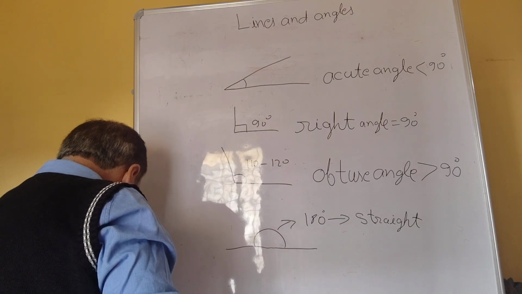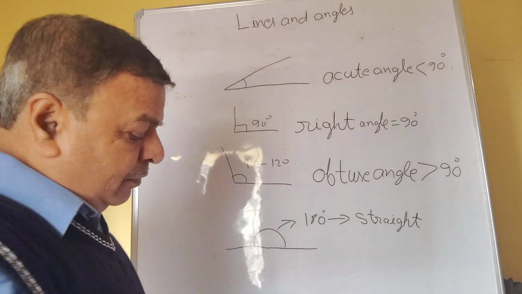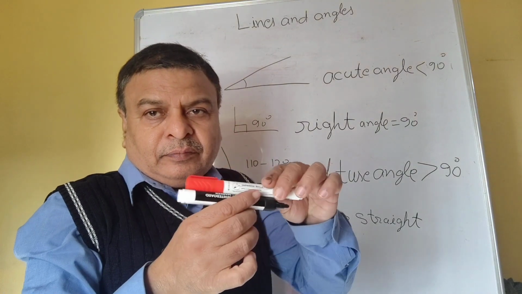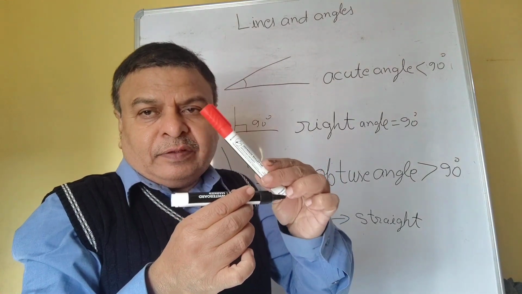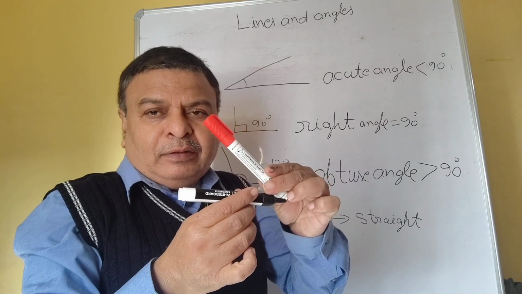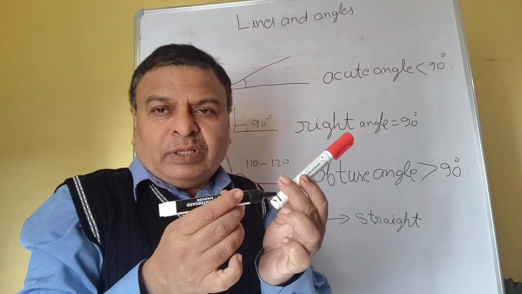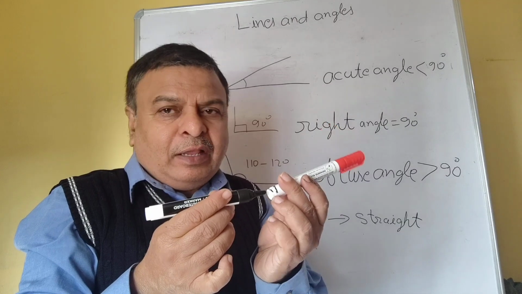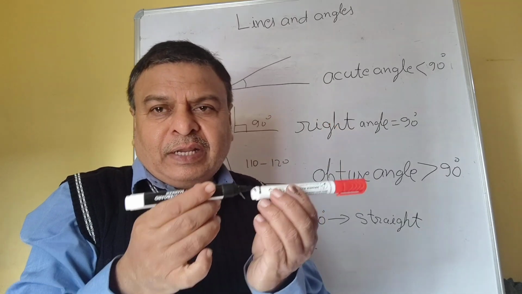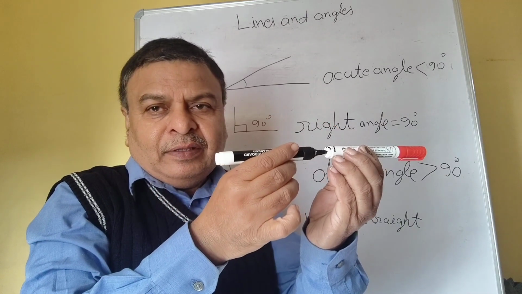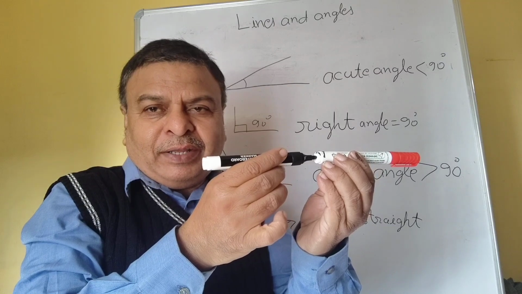Suppose we have it like this. This is acute angle, right angle, more than 90 degree means obtuse angle, and it becomes straight like this. See, straight angle, 180 degree.